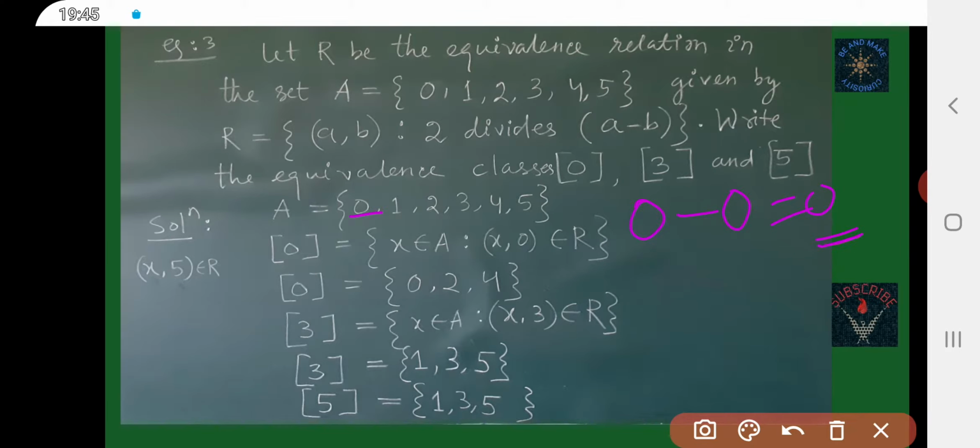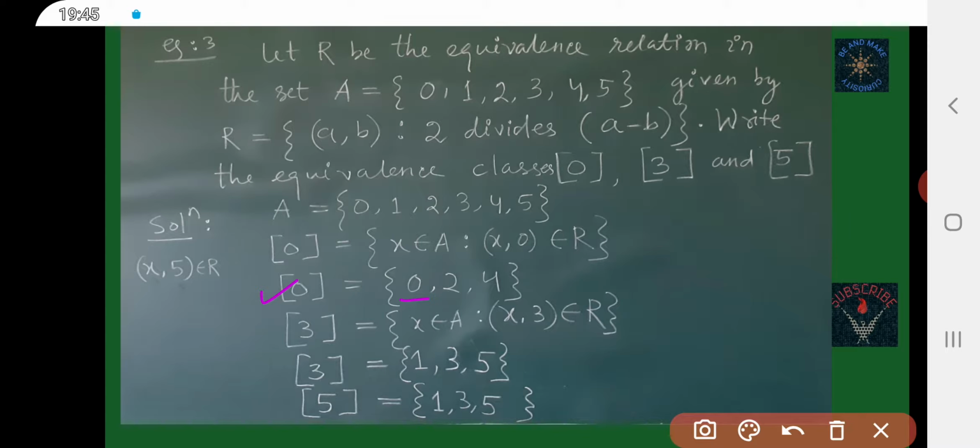So the ordered pair is (0, 0), so 0 is related to 0, so this class contains the element 0.